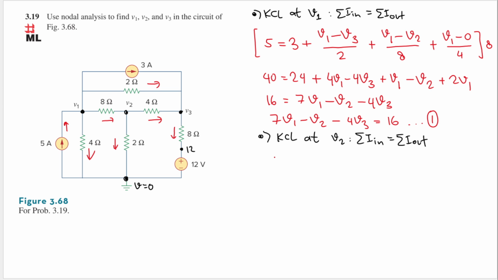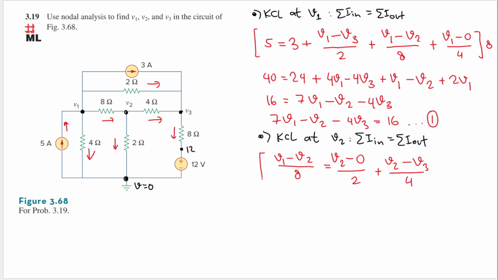So I will have V1 minus V2 divided by the resistance between them, which is 8. And then that will equal this one here, V2 minus 0 divided by 2, and then here V2 minus V3 divided by 4.